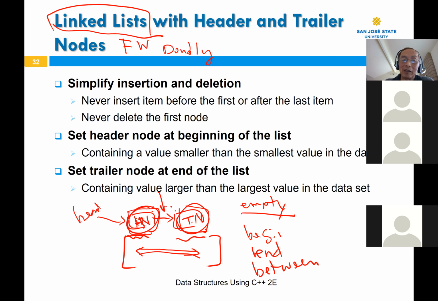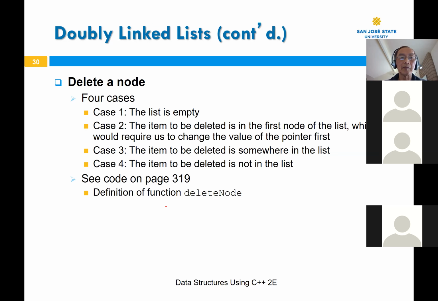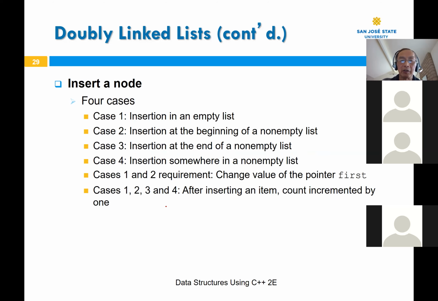Right, so the head and the tail are just like boundaries, and we can only insert a node in between. Let me go back to it a little bit more. For example, if you insert a node, look at this picture. When we are inserting a node, it doesn't matter if it's a double linked list or a forward linked list.